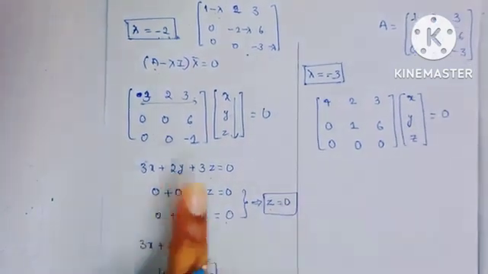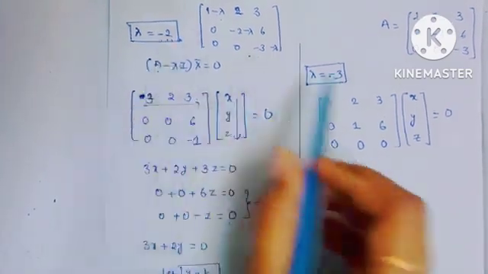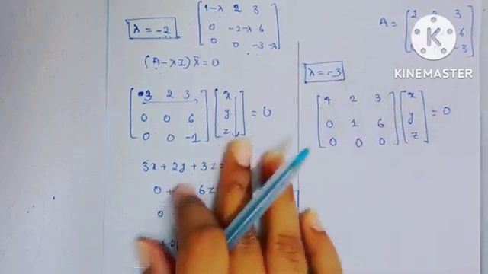If you want, you can compare. This is the eigenvector for lambda equal to minus 2, and here I am finding the eigenvector for lambda equal to minus 3.